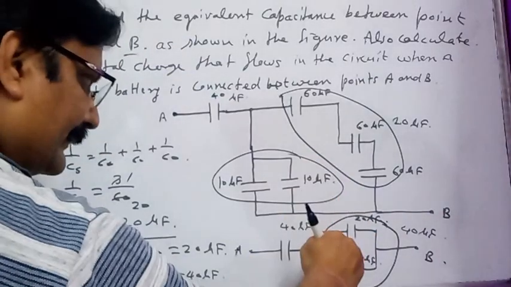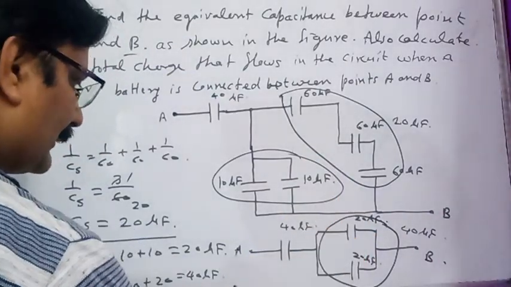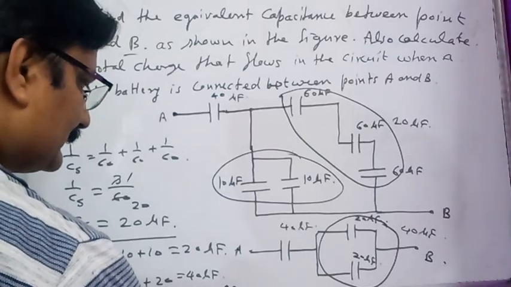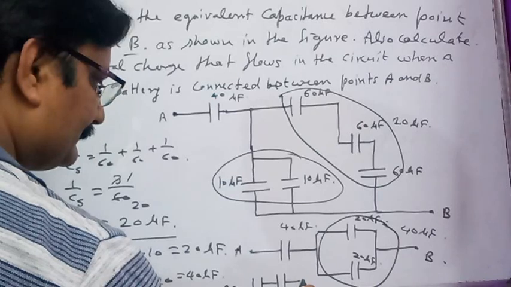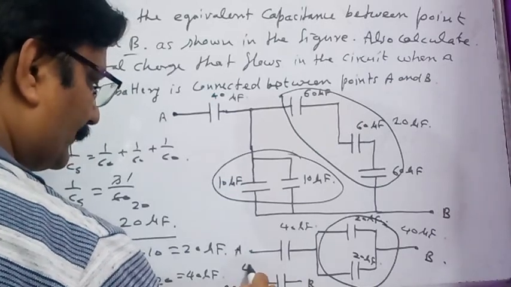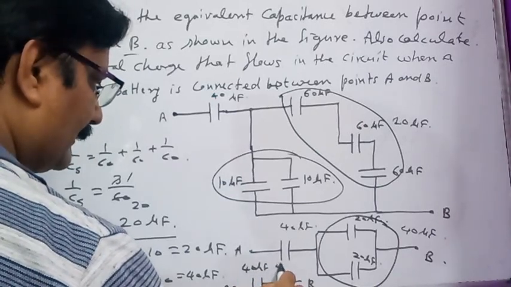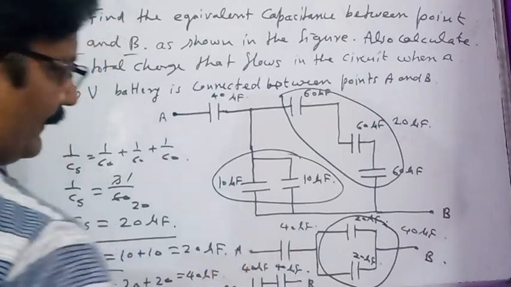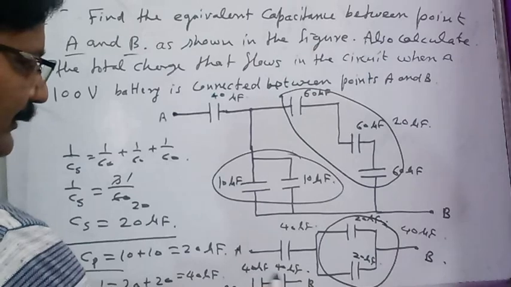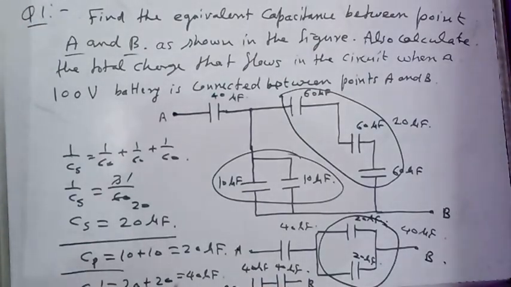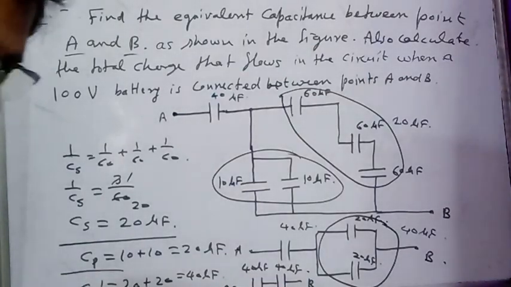Now if you again redraw this circuit, there are going to be two capacitors of 40 microfarad each in series combination, 40 microfarad and 40 microfarad. Now series combination of 40 microfarad capacitors, what going to be the value?